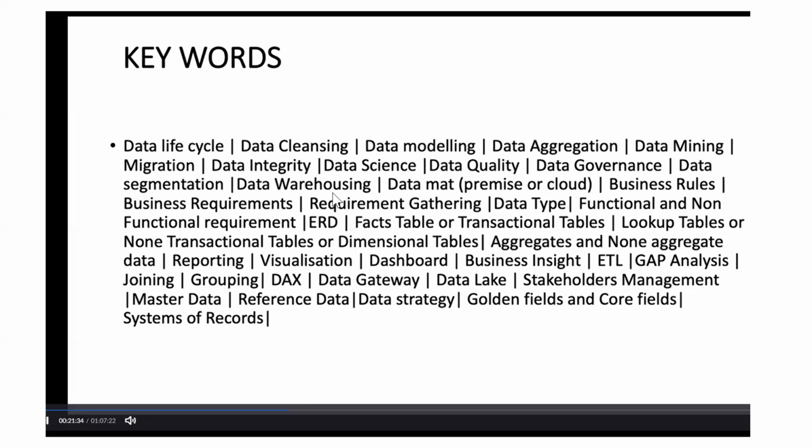Sometimes you have missing data, null values. Then you want to make a decision. How do I get these null values dealt with? If within the organization there's a way to get them and put them back into the record, that's the best thing. But if there isn't, then you want to discuss with the business what to do with these rows, especially if they are very important to the report.